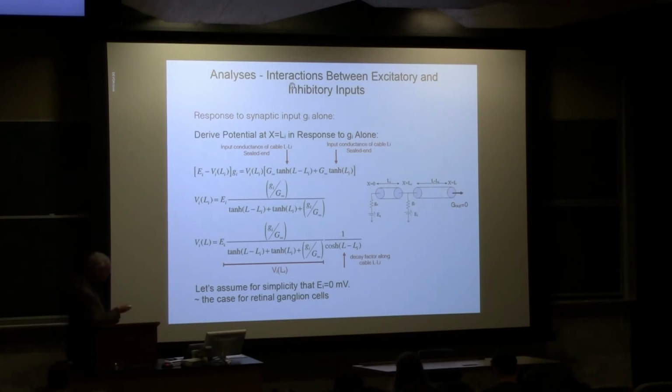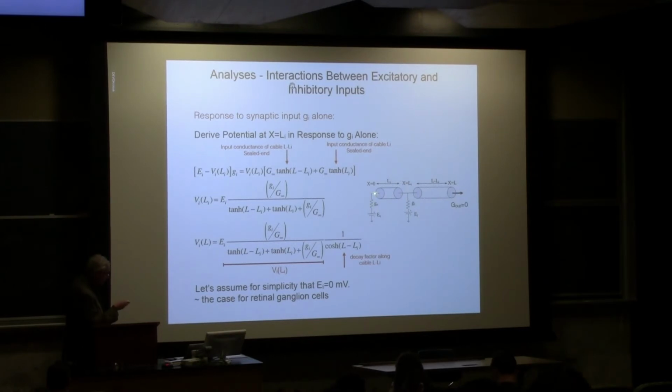And if we were to reverse the positions of the excitatory and inhibitory input here, suppose this was the excitatory one and this was the inhibitory one, well, this shunting inhibition has the property that it's only effective if it's placed on the so-called direct path that charge must take in flowing towards the site of excitation.